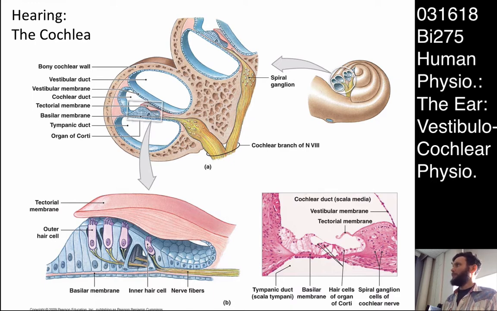The tectorial membrane protects the hair cells and aids in their stimulation, and specifically helps fine-tune the fluid dynamics that occur in the cochlea when there is a vibration.